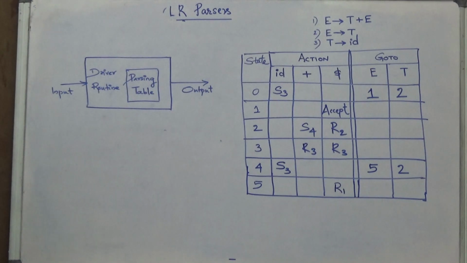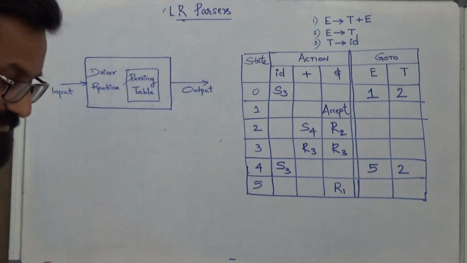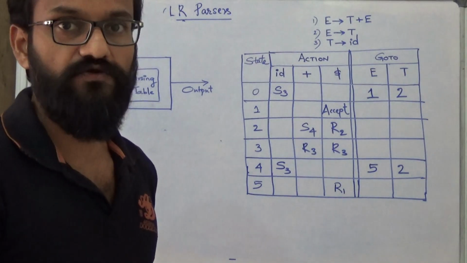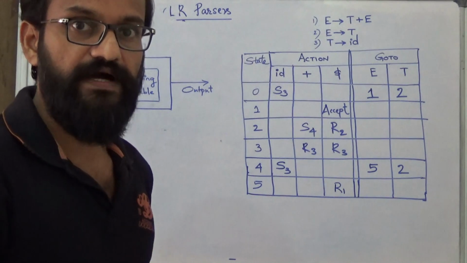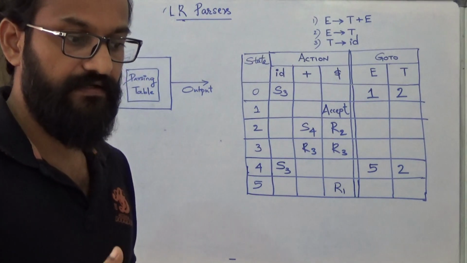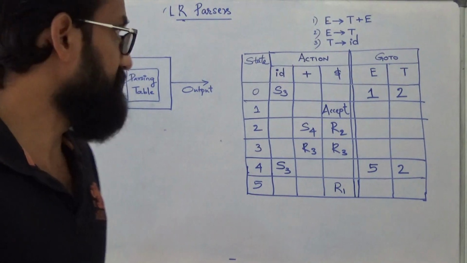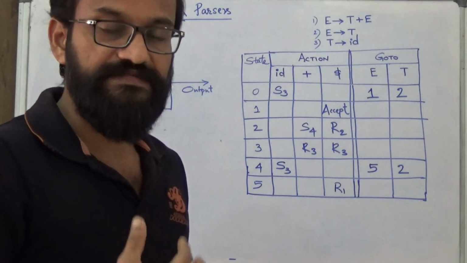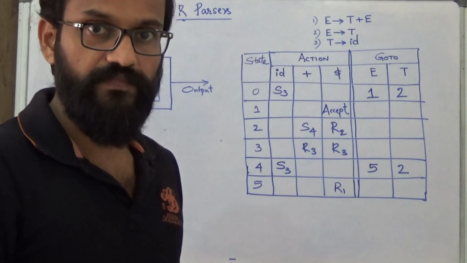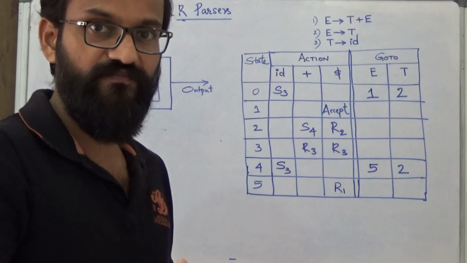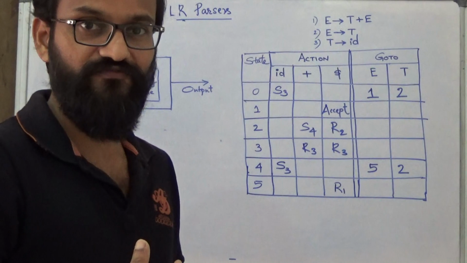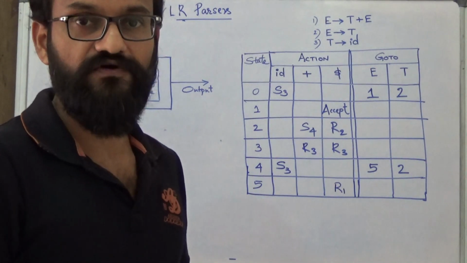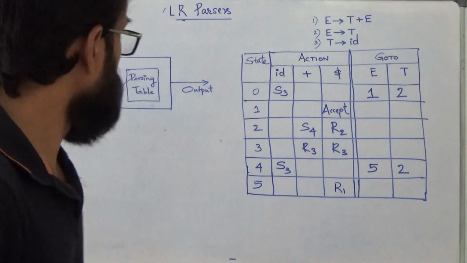The driver routine is the program that performs the parsing operation, and in order to proceed with parsing it needs a parsing table, which contains information that helps the driver routine decide whether to perform a shift operation, a reduction operation, accept the string, or report an error.